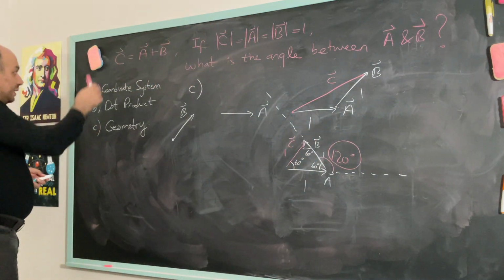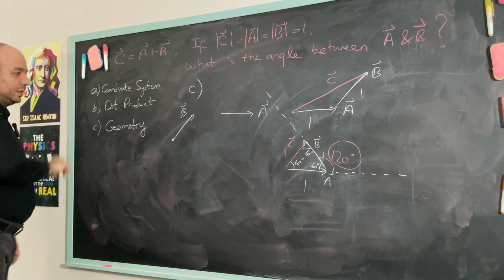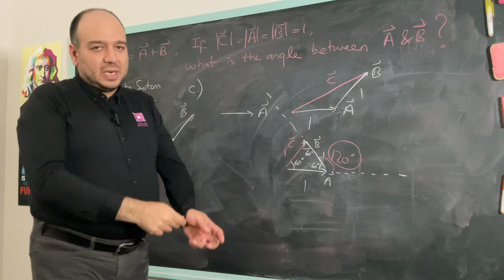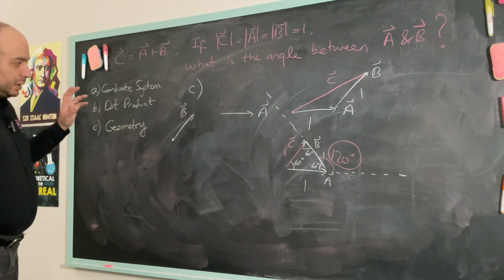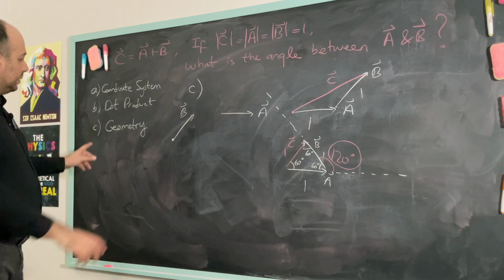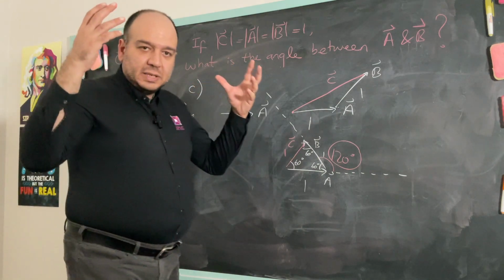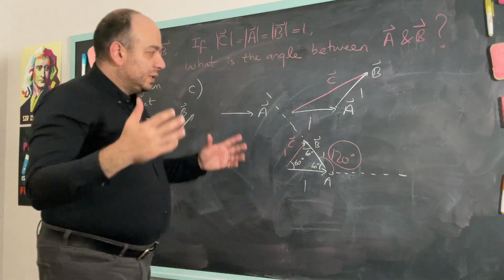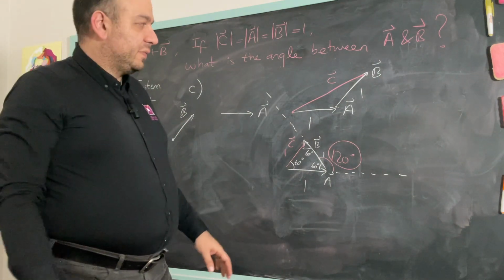As you see, there is not a unique way to solve problems in physics. This was a nice example, okay? In some cases, even using geometry, our ability to visualize actually helps us solve problems in physics.